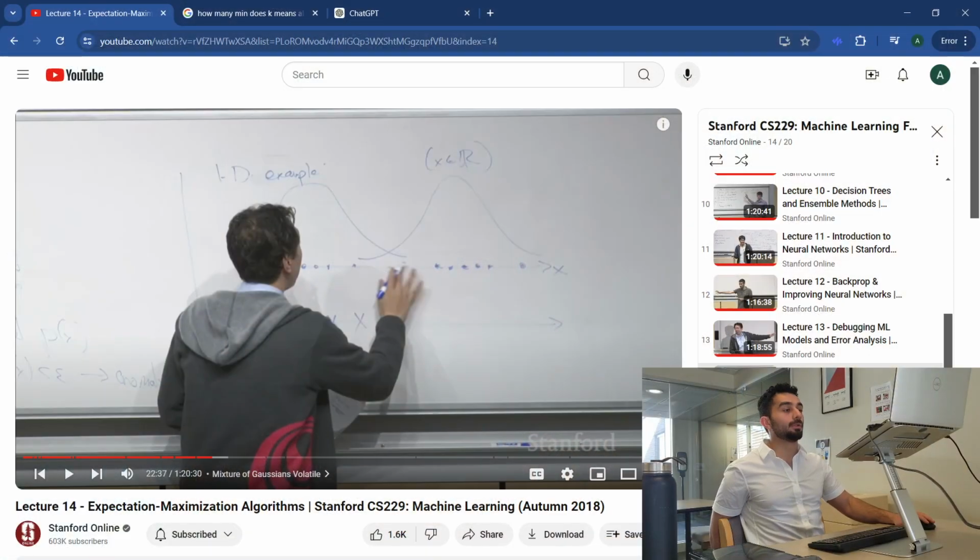If we knew that these examples had come from Gaussian 1, which we wanted to know. Sorry. So we have a data set, and we think they are coming from two Gaussians.